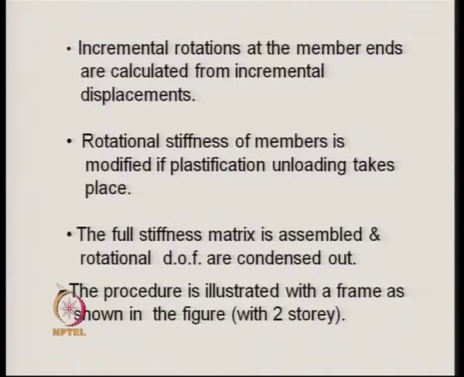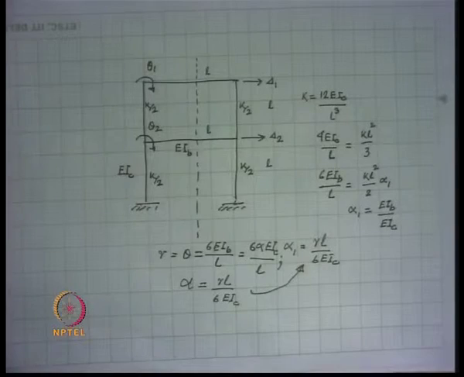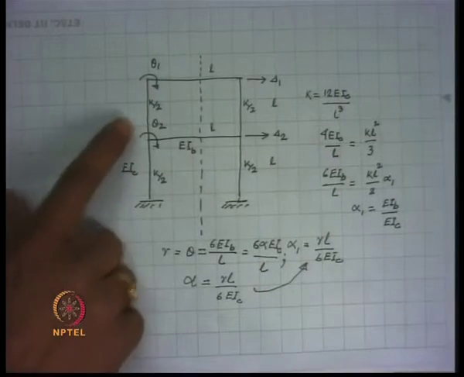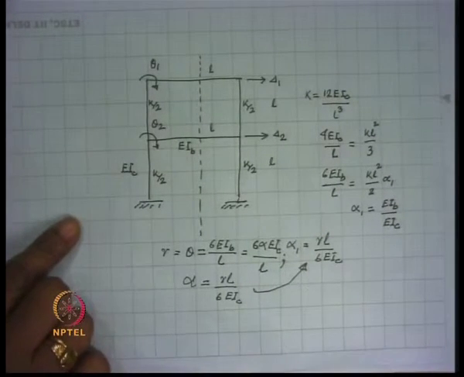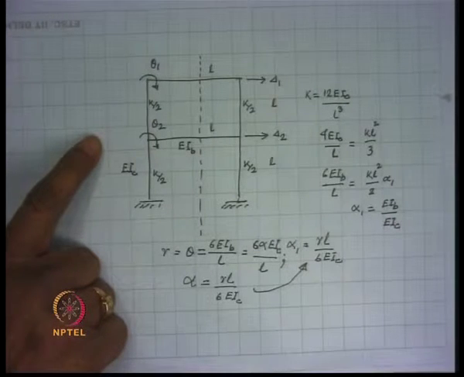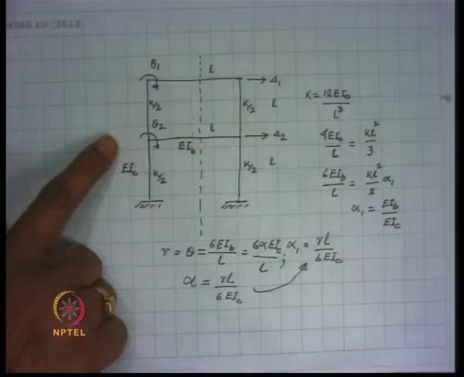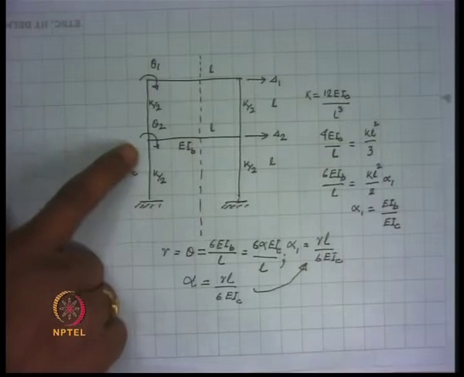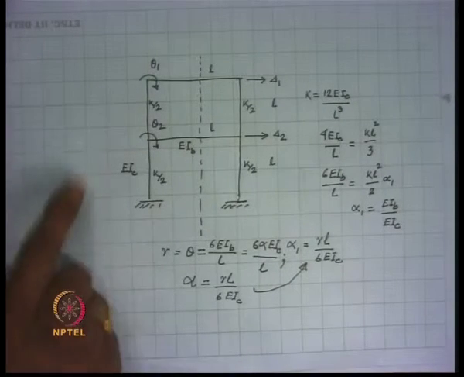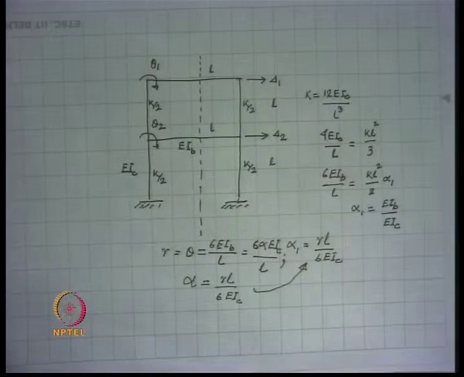The procedure here is explained for this two-story frame that is shown over here. The frame is having an antisymmetric case because under lateral load the frame will behave antisymmetrically.